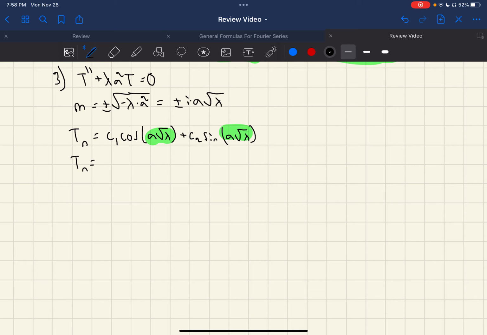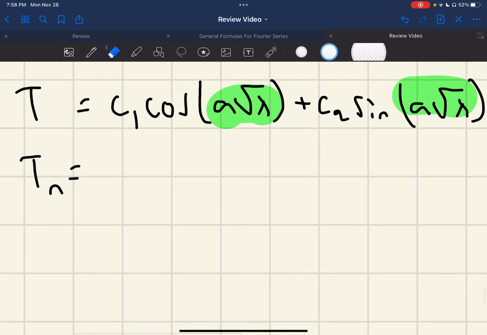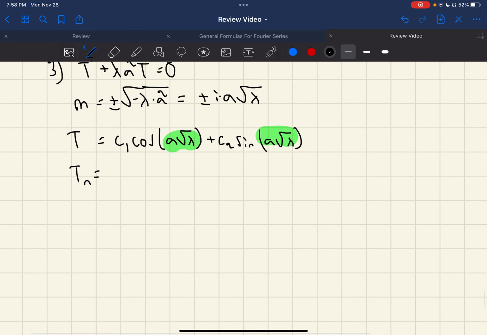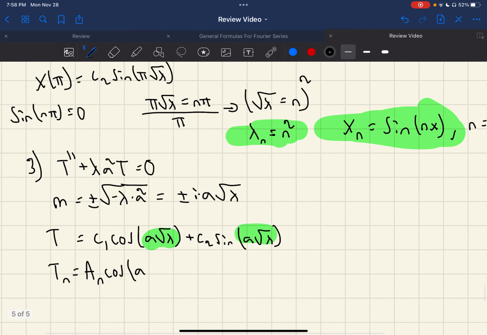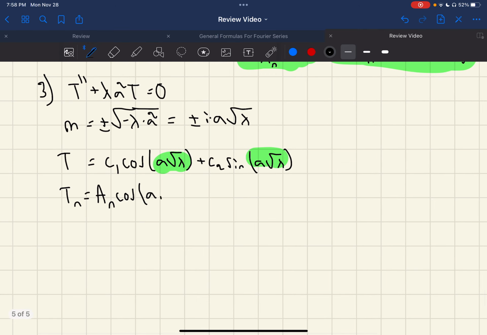T_n, and I'm also going to change these constants to capital A_n and then capital B_n. So we plug in our eigenvalue with A_n.